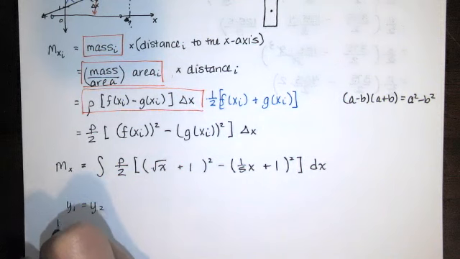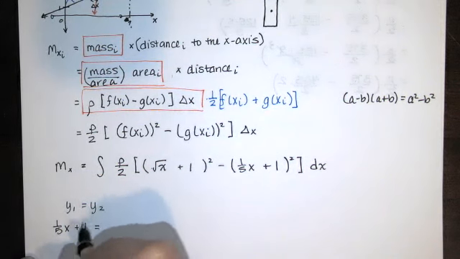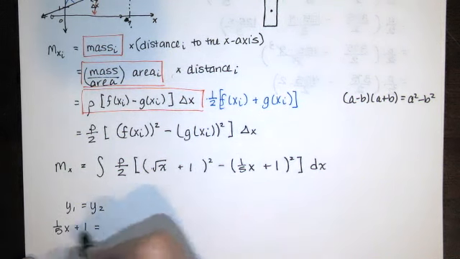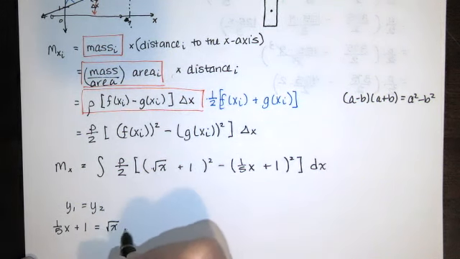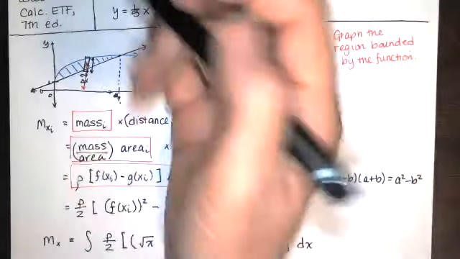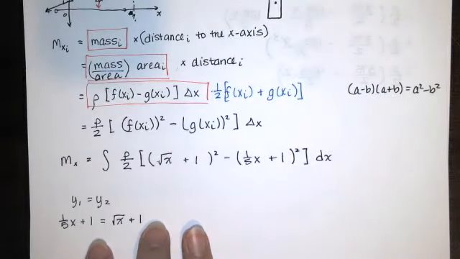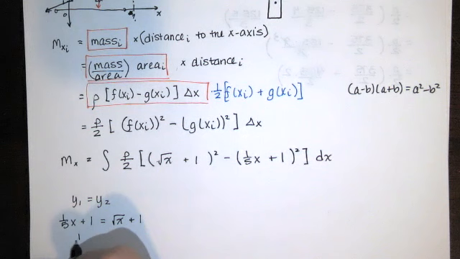So we've got 1/5 x plus 1. That's the y value on one curve or on the line. That has to equal the y value on the other curve at the point of intersection, because those y values are the same at that location. To solve this, we'll subtract 1 from both sides.